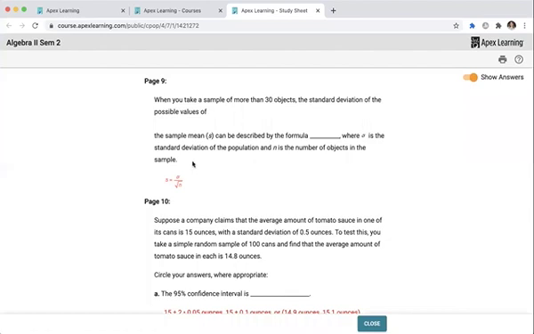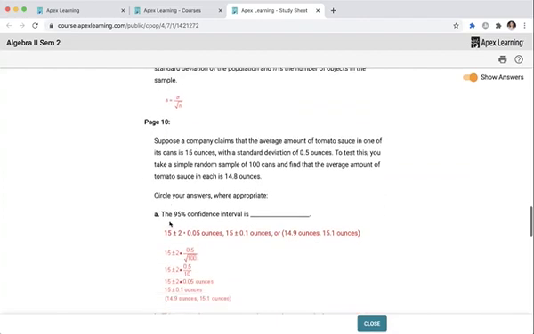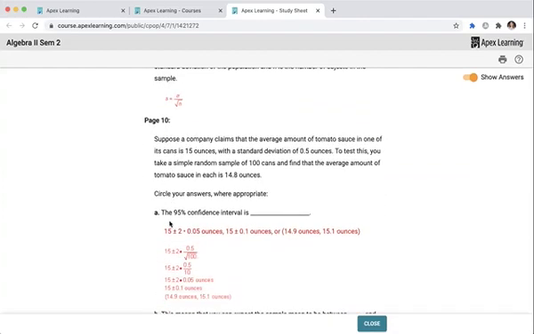So we have to use this formula here of S equals sigma over square root of n. And of course, the sigma up here is the reported standard deviation. N here is our number of objects. And this S is also a standard deviation. But sigma is the standard deviation reported to us from the company. And what this gives us is the standard deviation of our sample mean.